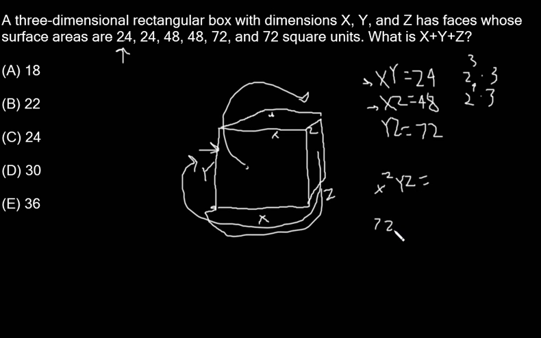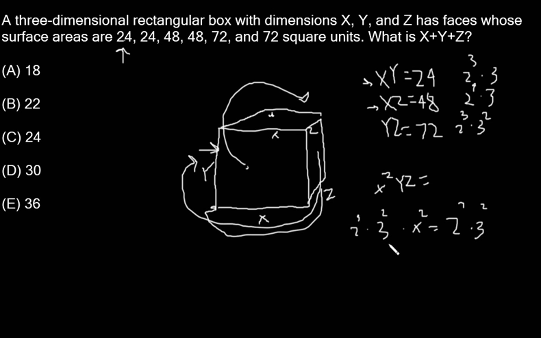So you have 72. What is 72? 72 is 2 to the third power times 3 squared, 8 times 9. So we have 2 to the third power times 3 squared times x squared is equal to 48 times 24, which is 2 to the 7th times 3 squared.